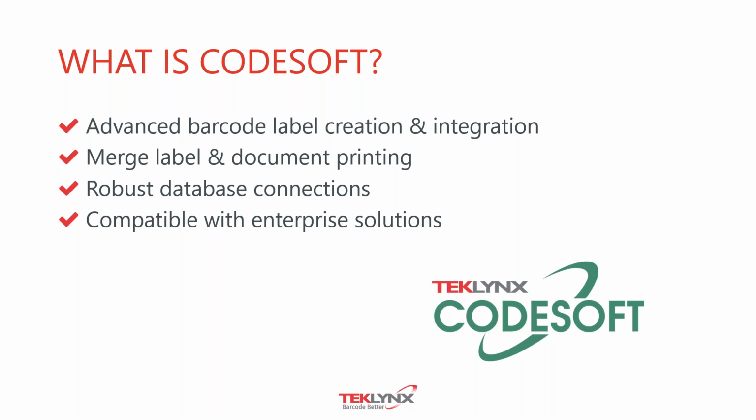However, only CodeSoft will be able to integrate with our enterprise products such as Sentinel, Label Archive, and TechLinks Central. This software is actually going to be a great fit if your company requires an advanced or scalable solution, as you can just start with the label design software, CodeSoft, and then at a later point add on the enterprise products for more advanced automation when you have time.